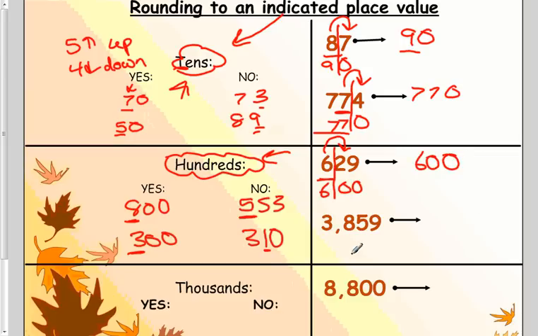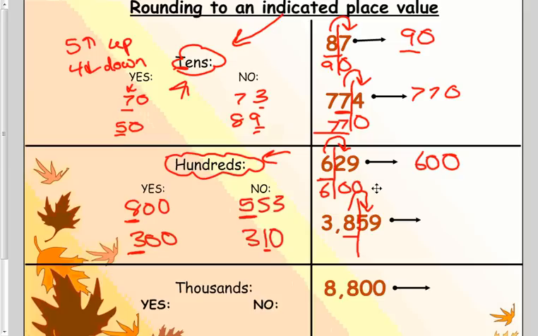All right, let's try this next one. Again, we're going to underline the hundreds place and draw a fence. Now again, some people like to skip this and maybe think it's silly, but it takes about 2 seconds, if that, and it really does organize your thinking. So we underline the hundreds place: ones, tens, hundreds. So 8 is in the hundreds place. Now 8's going to peek over the fence. It needs to know if it's going to be 800 or 900.